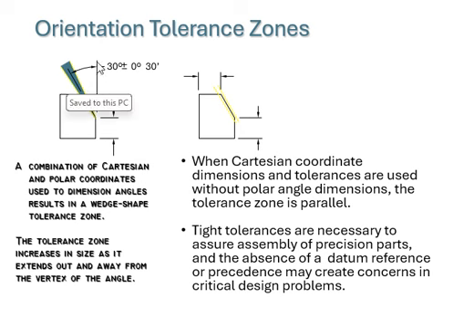And of course, the reason you need your datum reference like this in order for us to dimension the angles to get the angularity is because if we deal with a precision part, you definitely need the datum reference, or precedence, because without that, you're going to have an issue in your design intent and things like that are going to go crazy. So with the datum reference, you can definitely assure your assembly, especially for your precision parts.